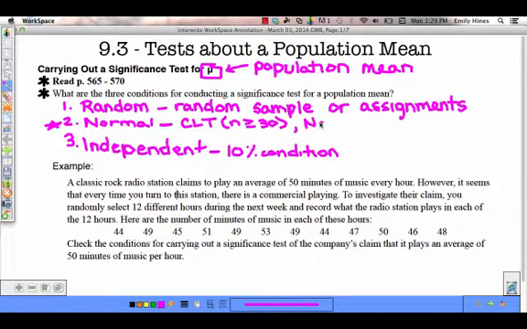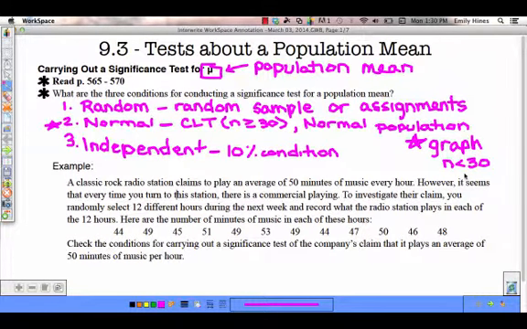Or normal population, and if your population is normal, it does not matter what the sample size is. And if your sample size is less than 30, so central limit theorem doesn't apply, and your population is not normal, that is when you need to graph your data.